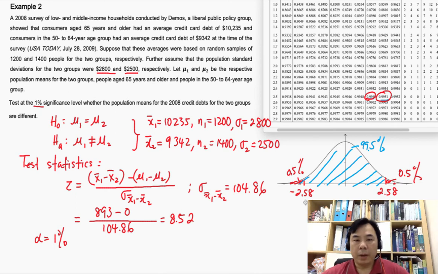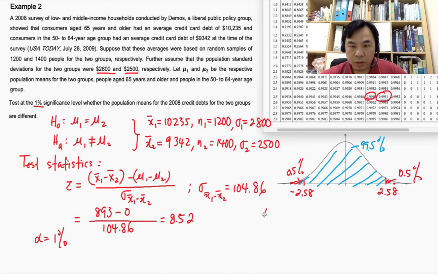Now, I'm going to compare my test statistic with my critical value. And then from here, the analysis part, I found that my test statistic 8.52 is around here. 8.52 is somewhere here.